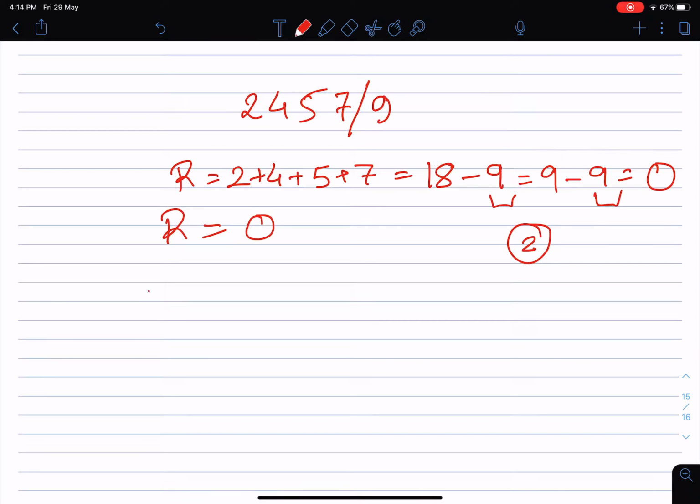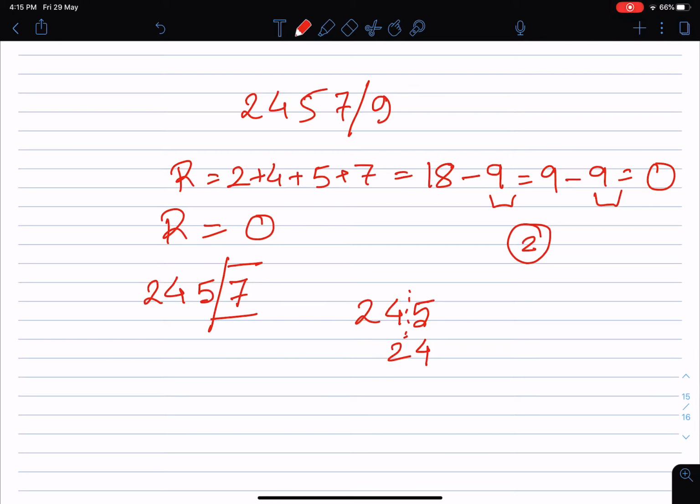Now my number is 2457. We'll isolate my rightmost digit, so I'll be left with 245, and then I'll skip this 5 and add 24 with this number.